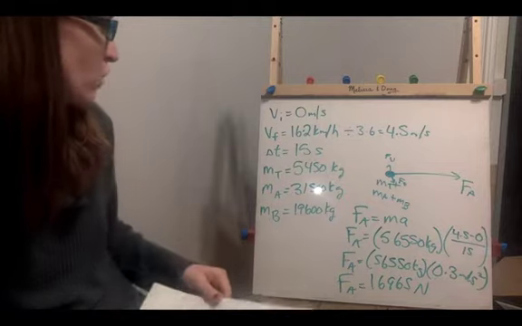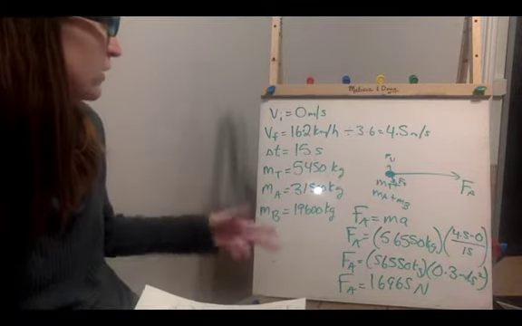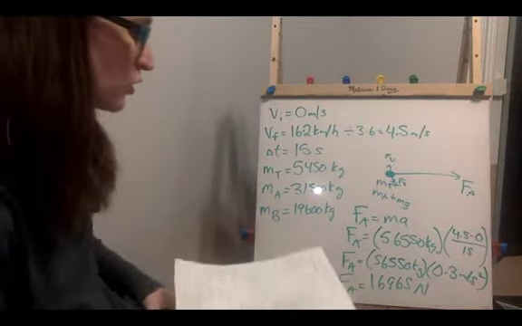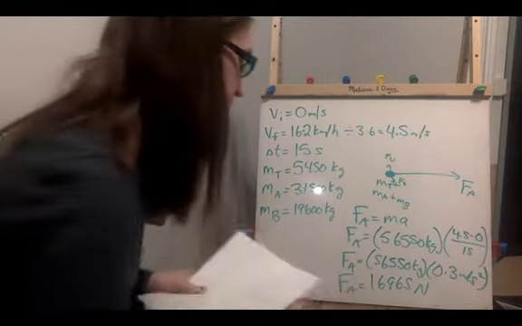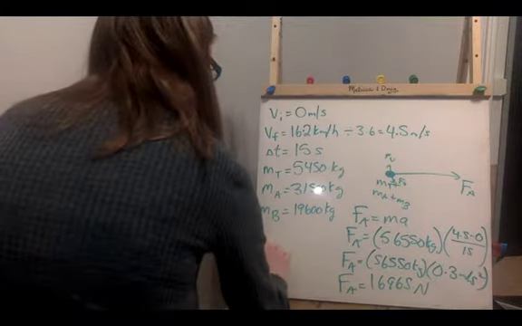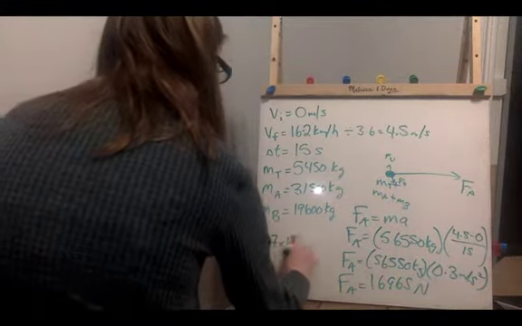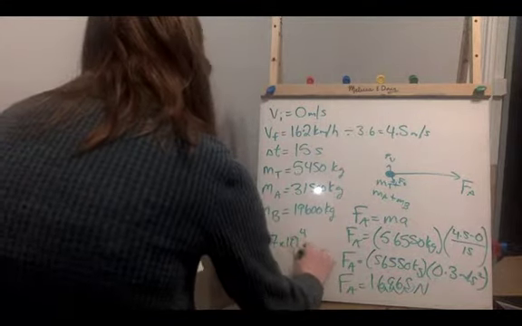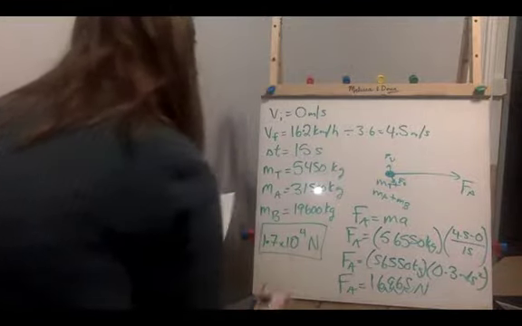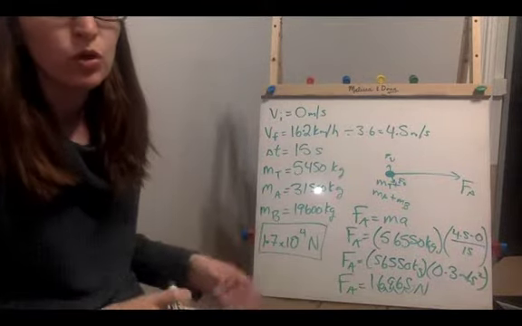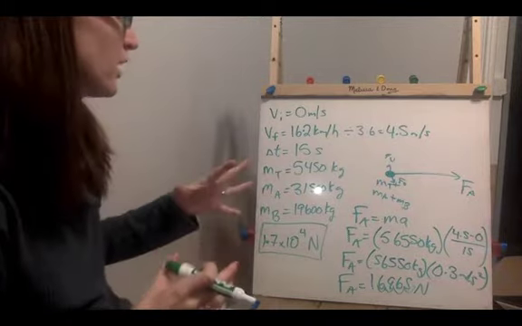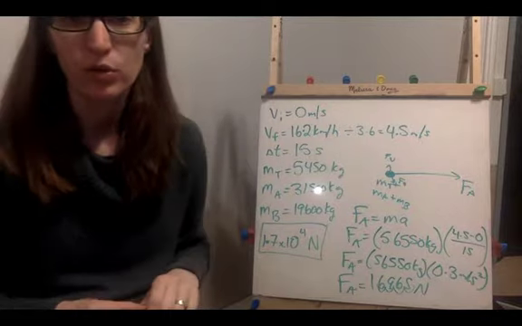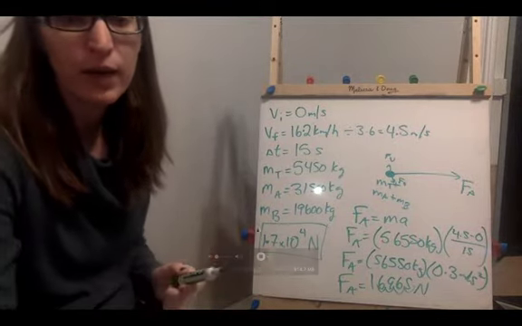However, based on the original question, the least number of digits was the 15 with 2 sig figs, so this would end up being 1.7 times 10 to the 4 newtons. That's the applied force necessary to move that entire system of truck and 2 trailers from rest to a speed of 4.5 meters per second in a 15-second time period.